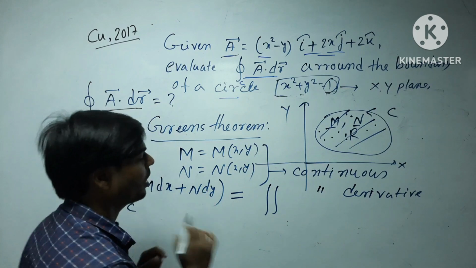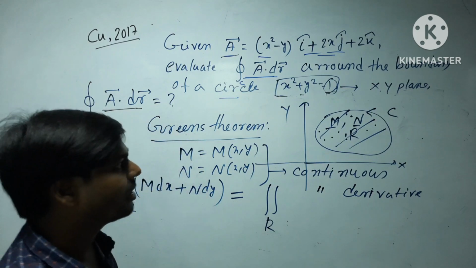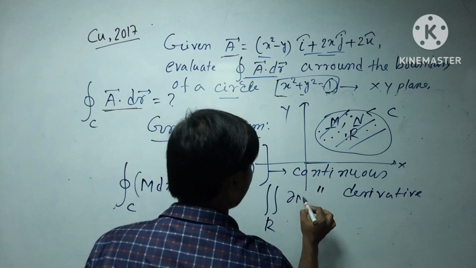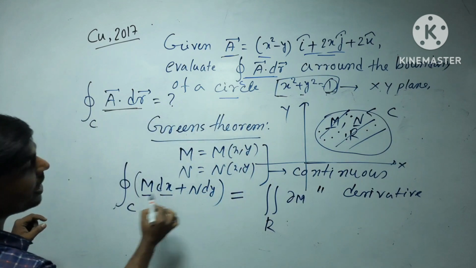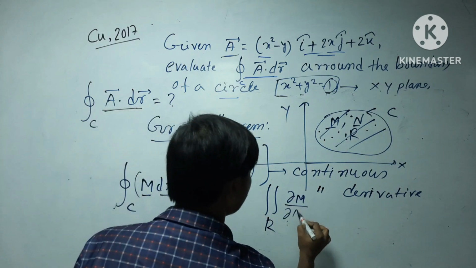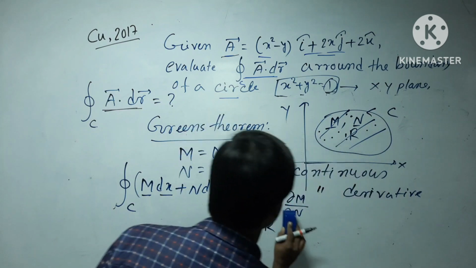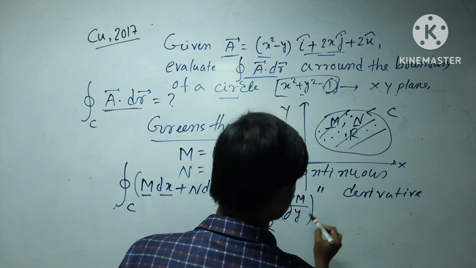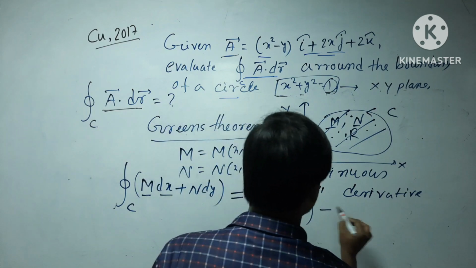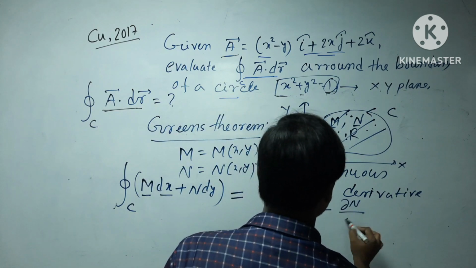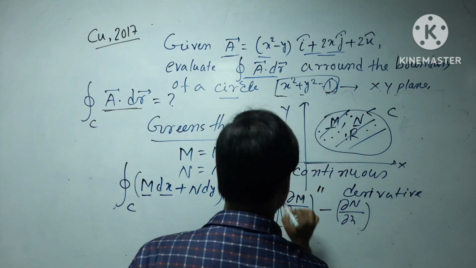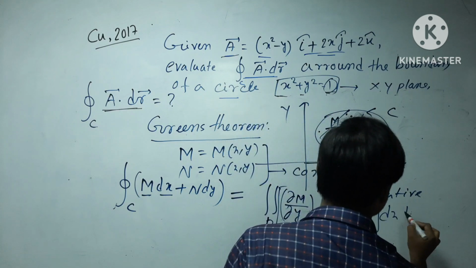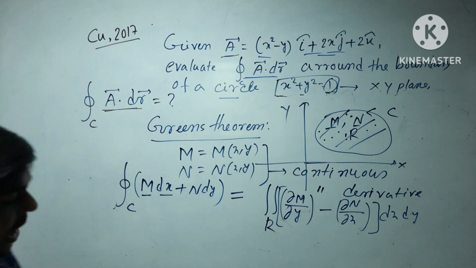try to understand. In this region R, del m, m has dx with it, but here del m del y, sorry, del m del y minus del n del x dx dy. What is the matter?